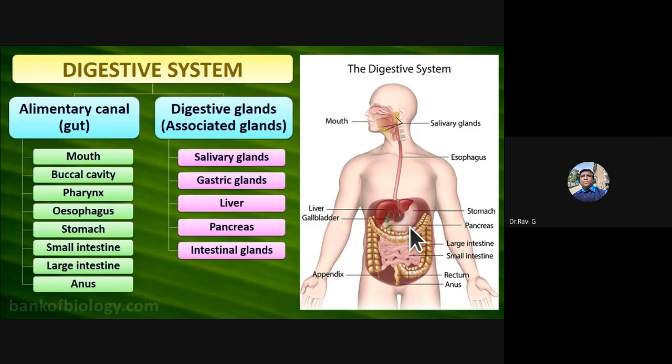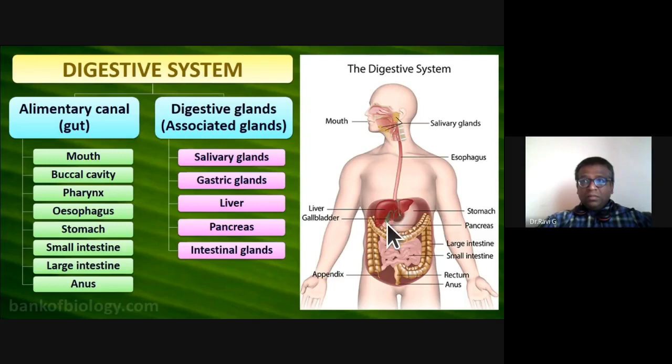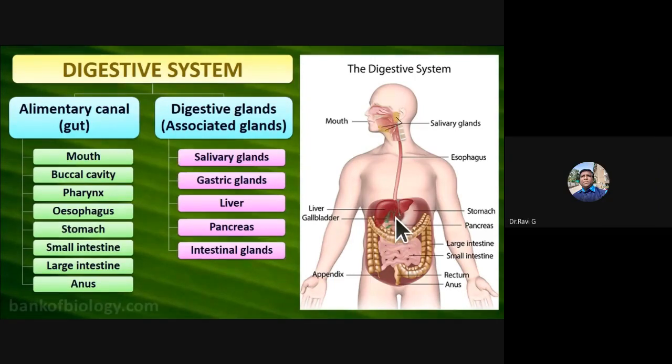And the pancreas also secretes the pancreatic juice, which is conveyed through the pancreatic duct and opens into the duodenum. The pancreatic juice contains the enzymes. The pancreatic juice is the exocrine part of it, which is conducted through the ducts and opens into the duodenum. The intestine has intestinal glands which secrete the intestinal juice, or we also call it succus entericus.